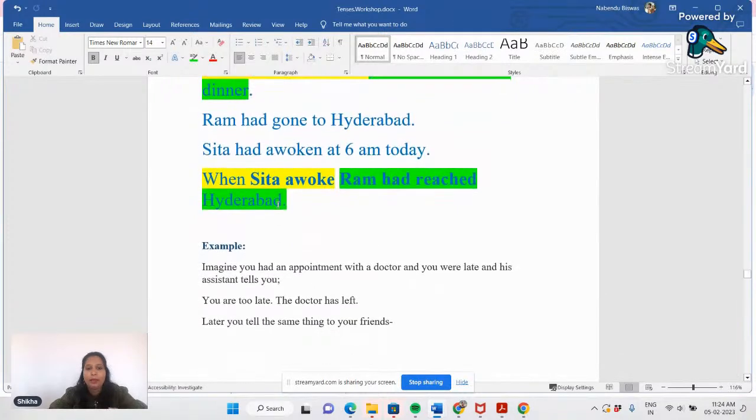Ram had gone to Hyderabad. Sita had awoken at 6 a.m. today. How can we join these two sentences? When Sita awoke, Rama had reached Hyderabad. So Rama had already reached Hyderabad when Sita woke up from her sleep.